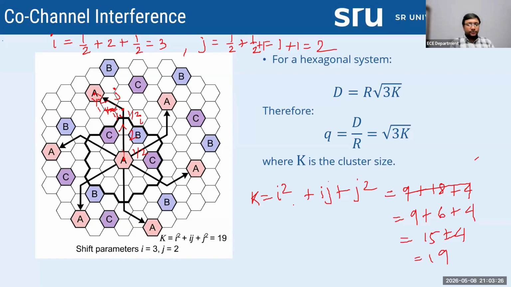Like that, suppose I ask you. So first you need to calculate K. That is the first task. Once you calculate K, then by using this formula Q is equal to D by R is equal to root over 3K, you can compute co-channel interference.